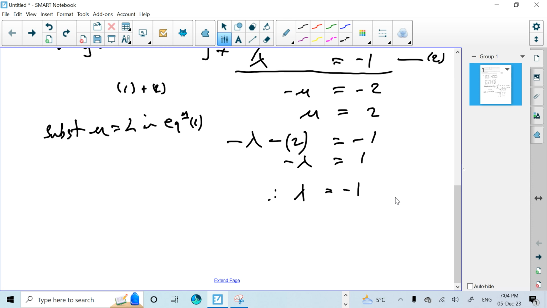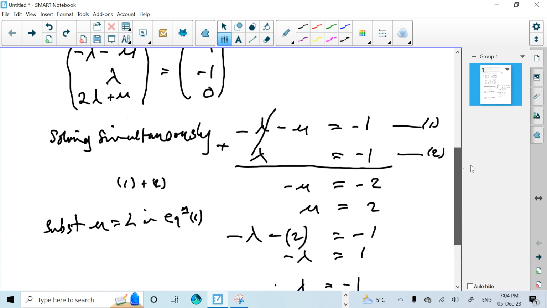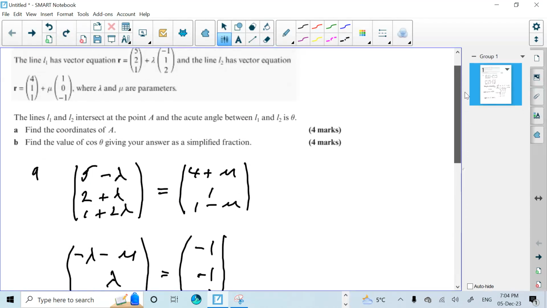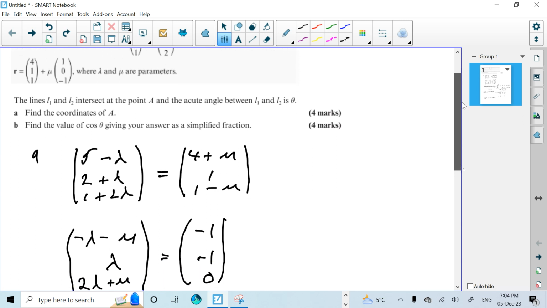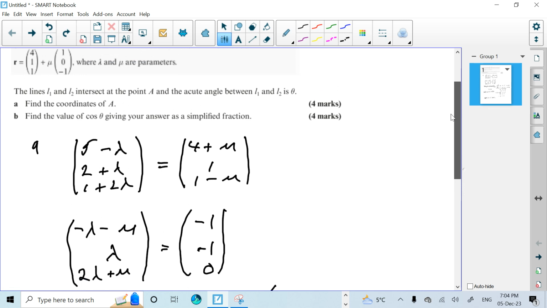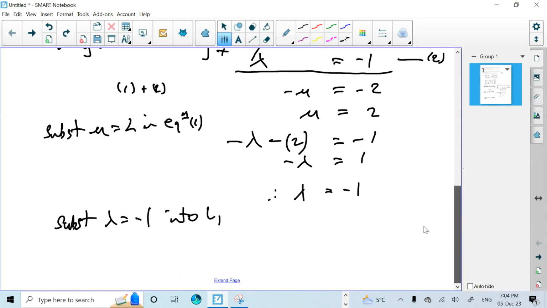So I will just now substitute this value of lambda is equal to minus 1 into the line L1. And L1 is, let's go back to the question, 5, 2, and 1, plus lambda times minus 1, 1, and 2, because lambda is equal to minus 1.